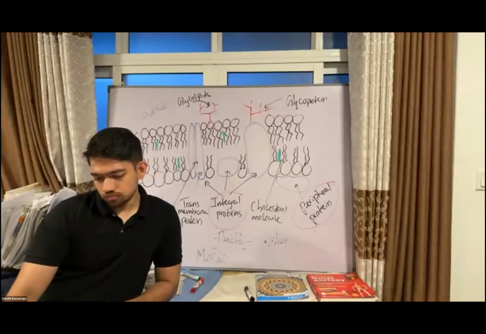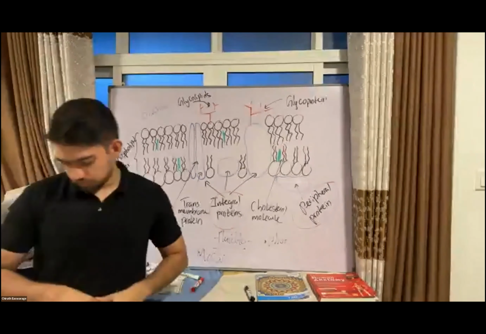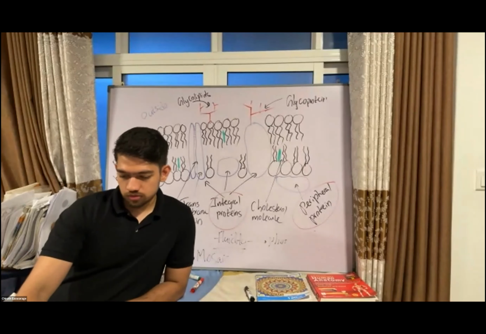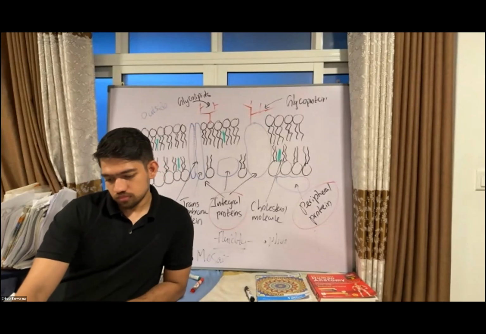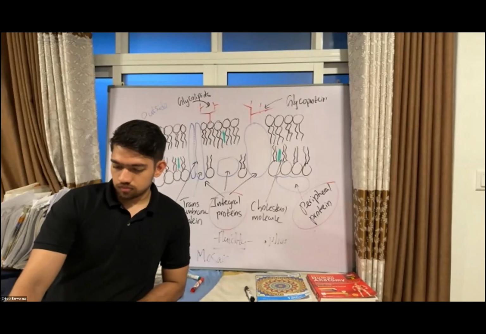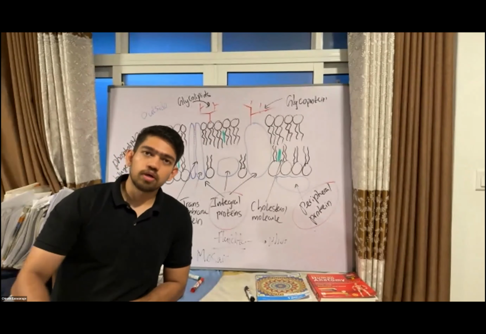Okay. All right. Then write down: there are two main types of proteins.